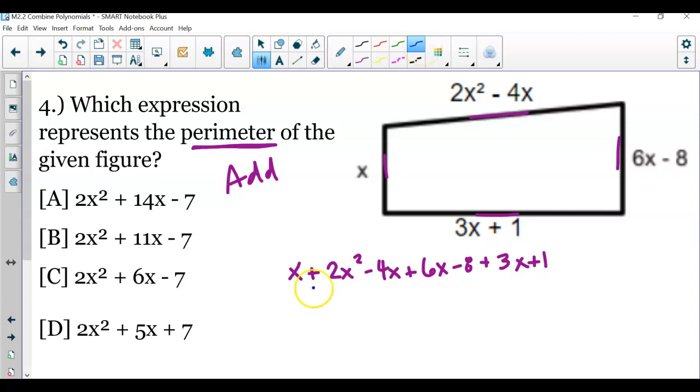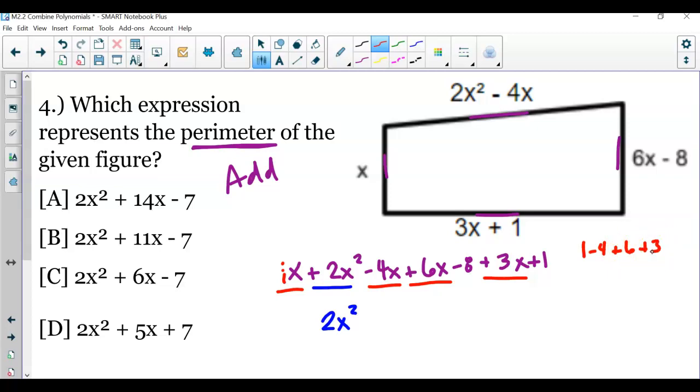Notice how we only have the one x squared term here, so 2x squared. But we do have quite a bit of x terms. I've got x minus 4x plus 6x and plus 3. So here we have our 1x, so we have 1 minus 4 plus 6 plus 3.